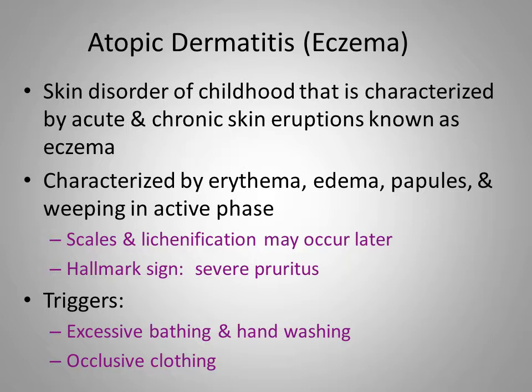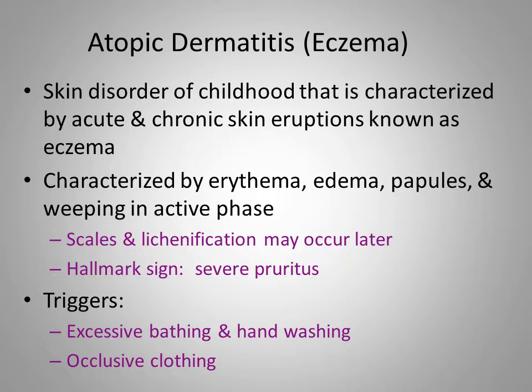Eczema is extremely itchy, and so it's very, very difficult to prevent children from scratching and from causing secondary types of bacterial infections within those areas that are affected with the eczema. Some of the triggers that cause eczema include excessive bathing and hand washing, and we oftentimes see some eczema signs and symptoms in adults who work in healthcare from the frequent hand washing and redness and irritation on the skin, as well as occlusive clothing.